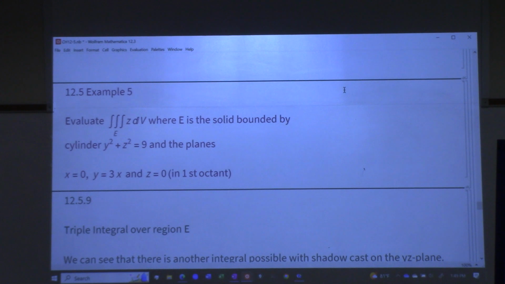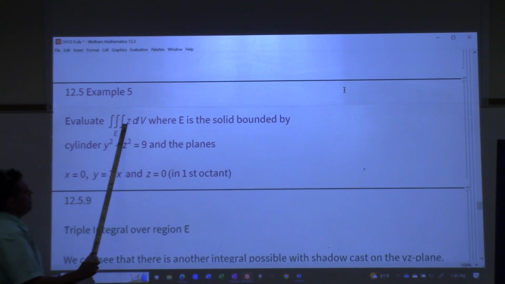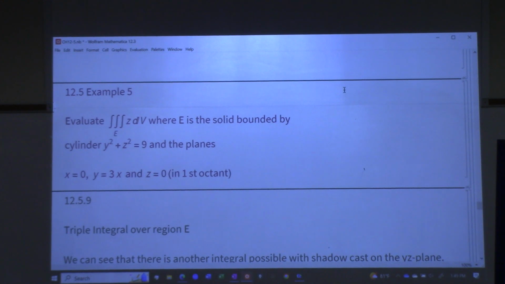Look at this one here. Evaluate the triple integral over E of z with respect to volume, where E is the solid bounded by the cylinder y squared plus z squared equals 9.